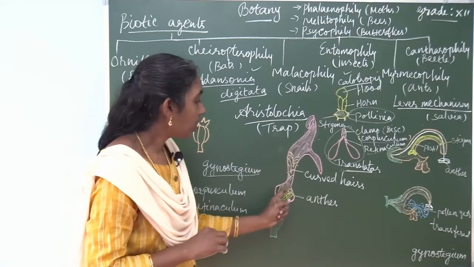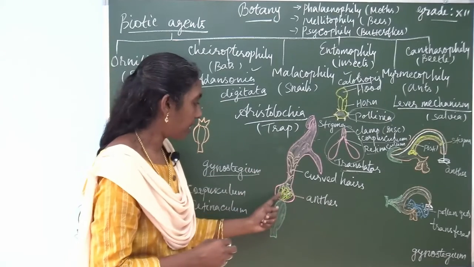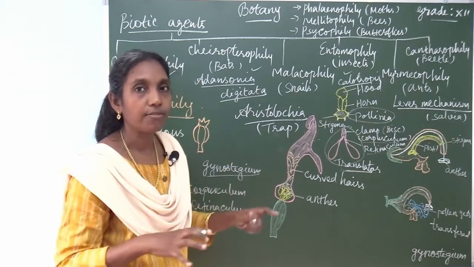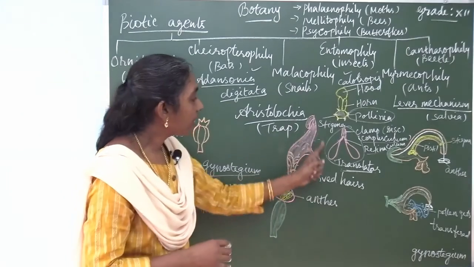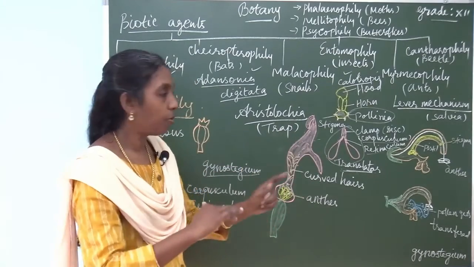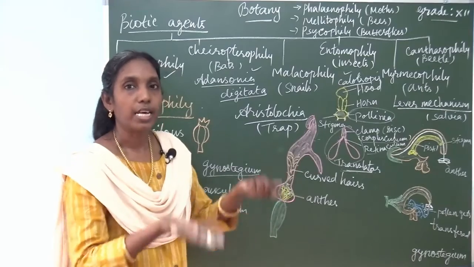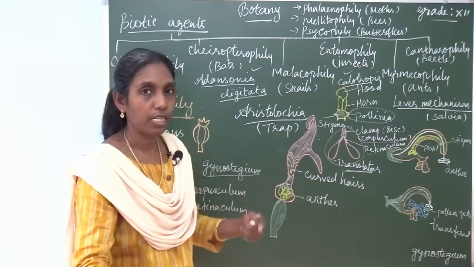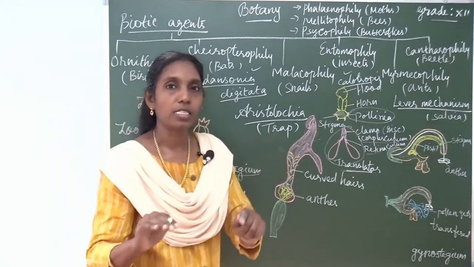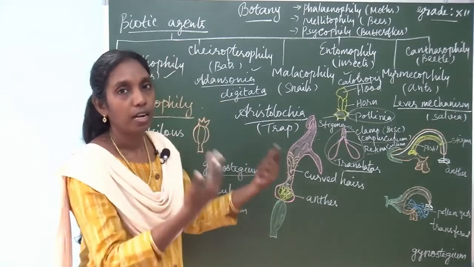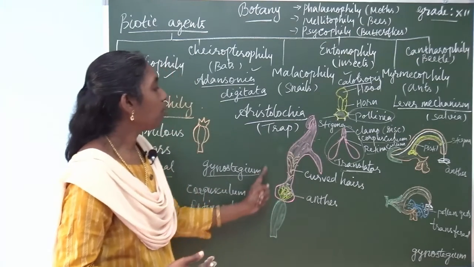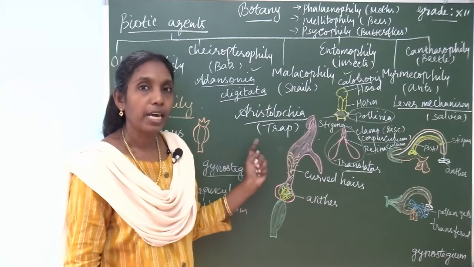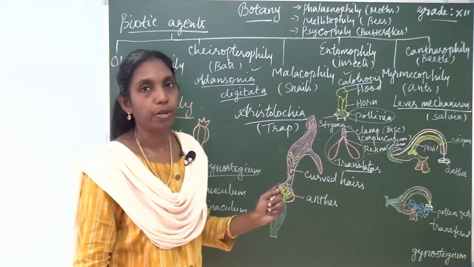When the bees are taking nectar from the anther region, the pollen grains are attached to the surface of their body. When they escape, they carry the pollen grains. When they visit the next flower, the pollen grains are dusted on the stigmatic region. In this way effective pollination takes place in Aristolochia, and the mechanism is known as trap mechanism.